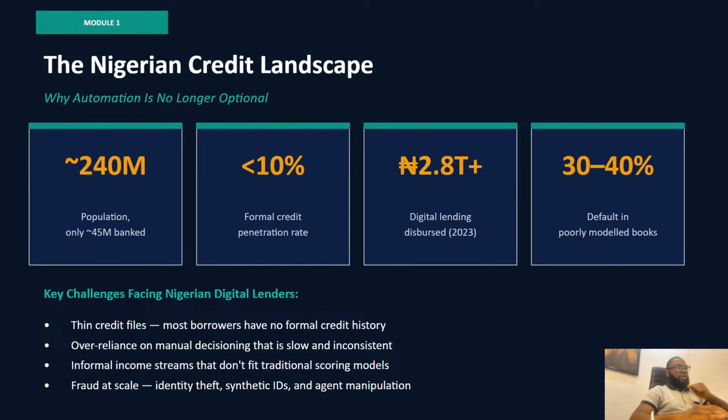If you joined the last webinar we did, we talked about how manual decisioning is actually based on guts and traditional data. We also have informal income streams that don't fit the traditional scoring models. The current models that the majority of the lenders have, it is either you are a salary earner or you have a business SME, which is done via your monthly revenue.